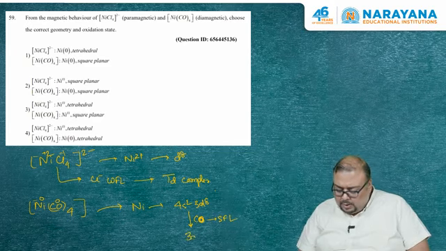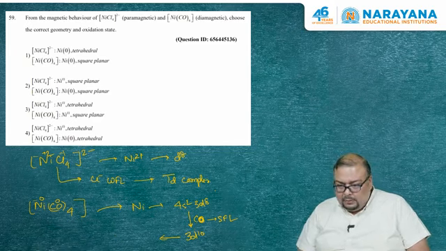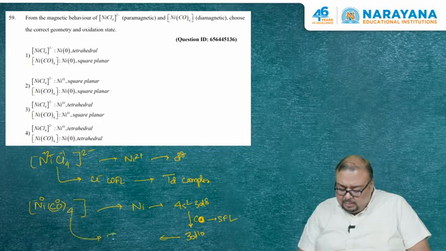This will become 3d10. The coordination number 4 has to be satisfied by sp3 hybridization because there are no vacant inner d orbitals for a dsp2 type of hybridization. So in this case also it will be a tetrahedral geometry only.